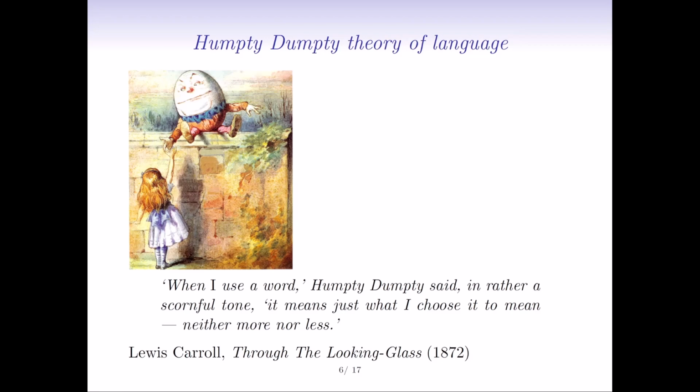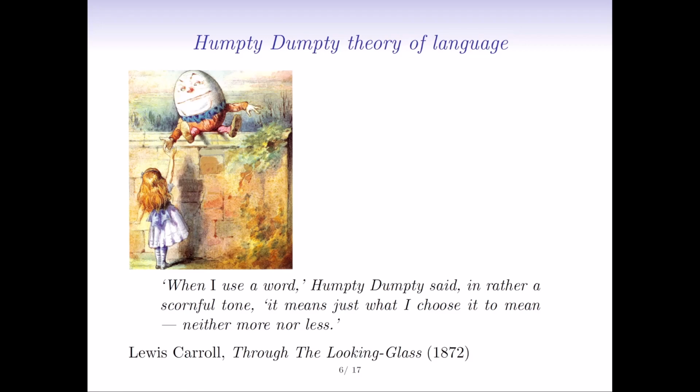He said, "When I use a word," Humpty Dumpty said in rather a scornful tone, "it means just what I choose it to mean, neither more nor less." Now, I chose this quote because I think it's quite relevant in understanding the concept of assigning a semantics to a first order language.